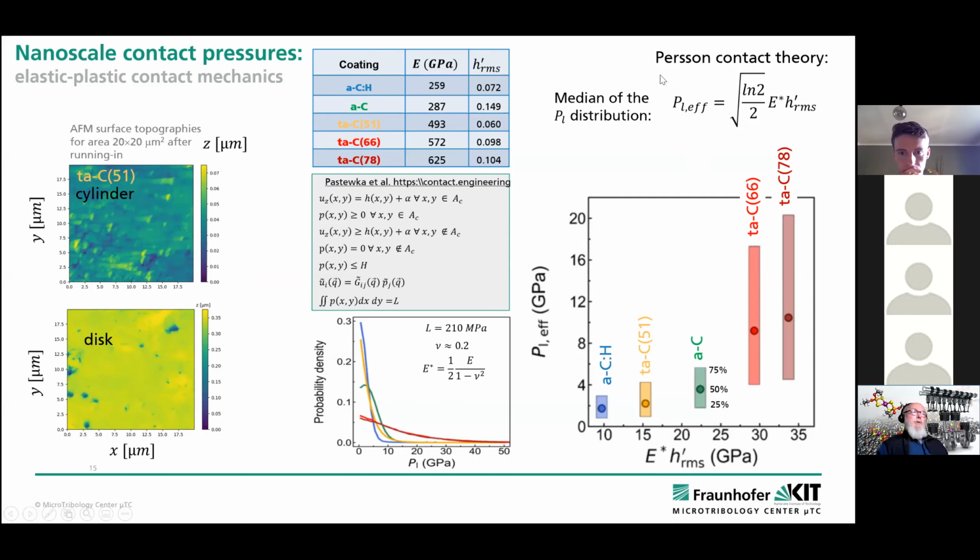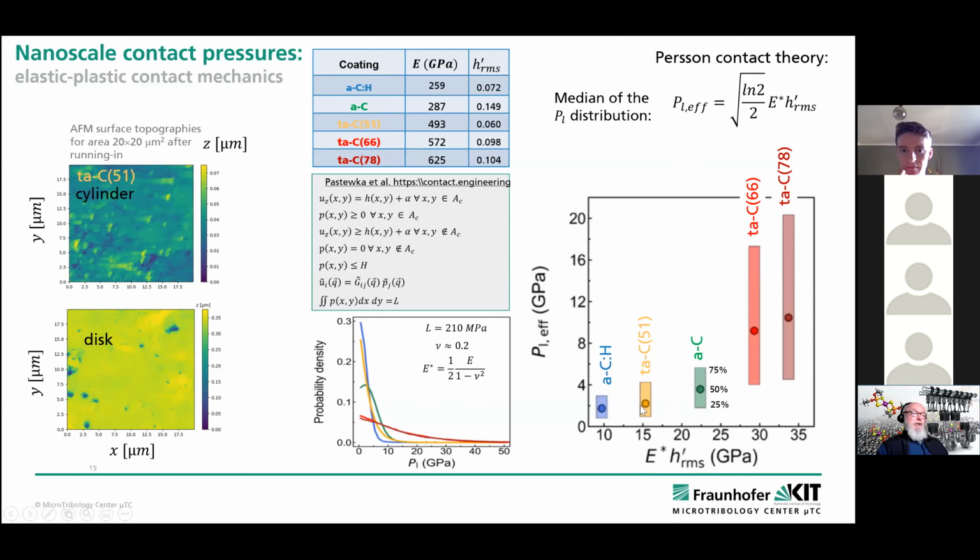Because in Persson's contact theory, there is a relation between this quantity and the local pressure, which shows that it's not only the stiffness of the coating, it's also the topography, which of course influences these pressure values.